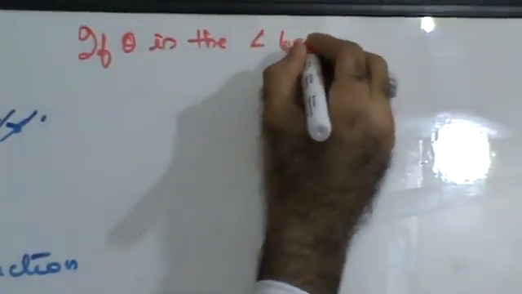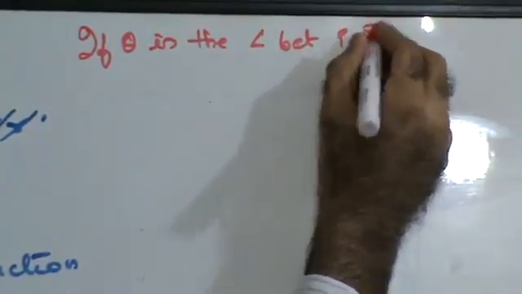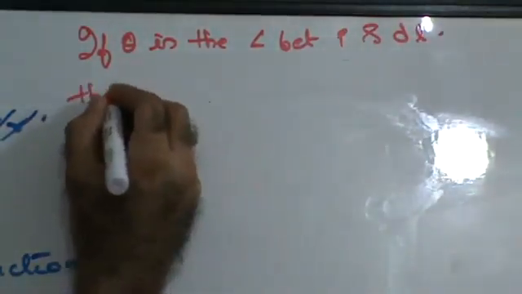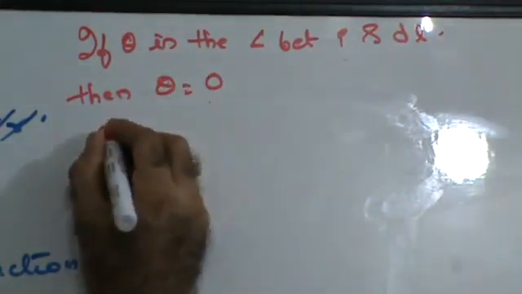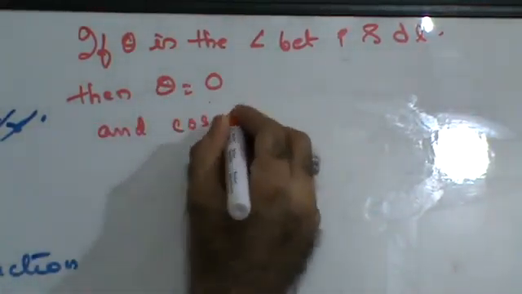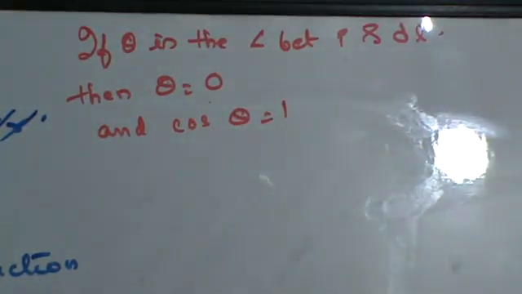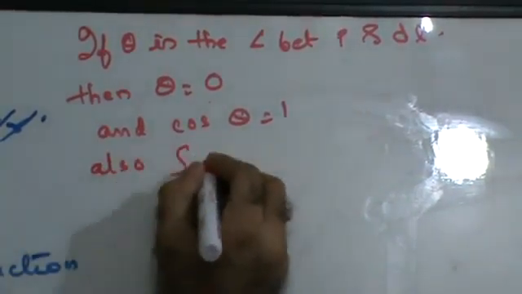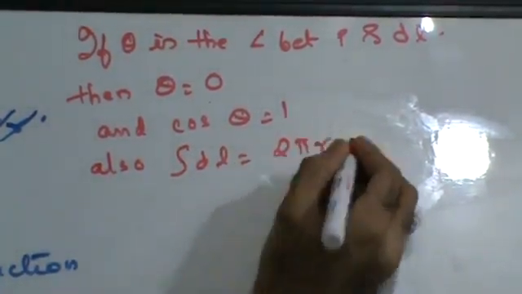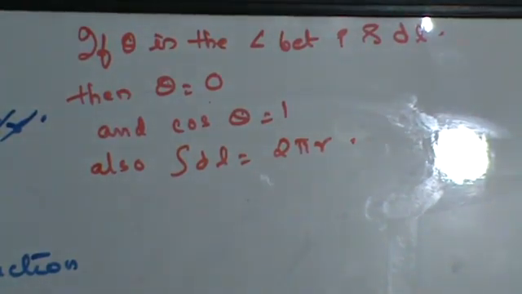If theta is the angle between B and dl, then theta is 0 and cos theta is 1, right? So in that case I can therefore say that the integral of dl is going to be 2 pi r.